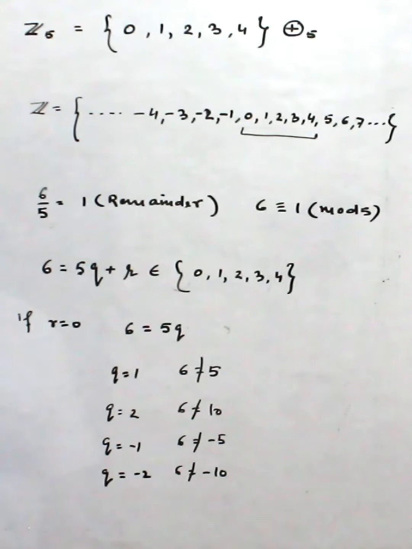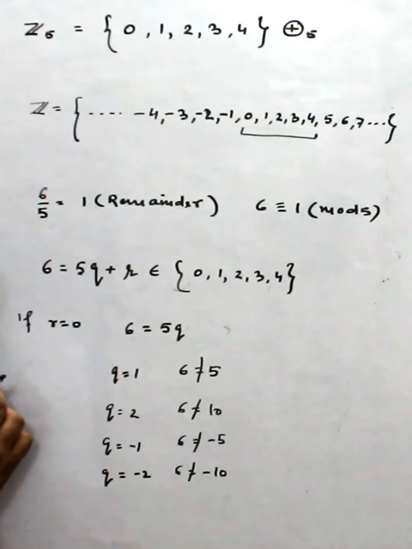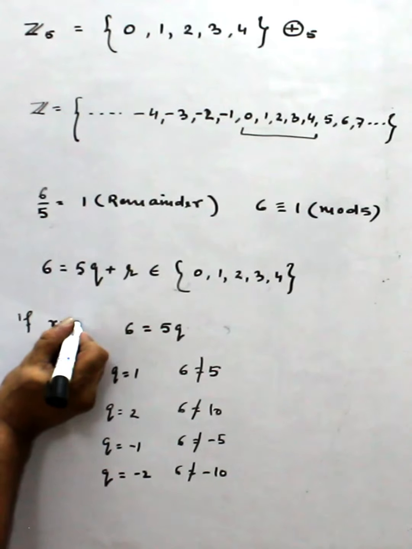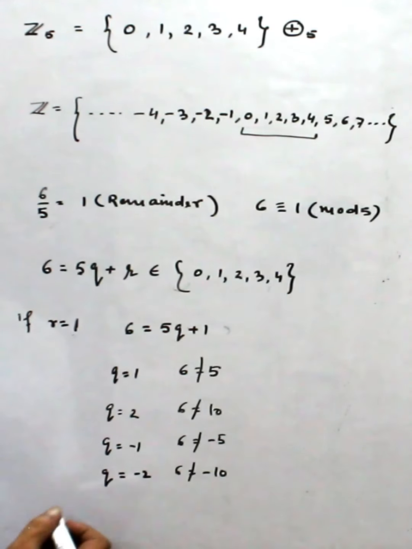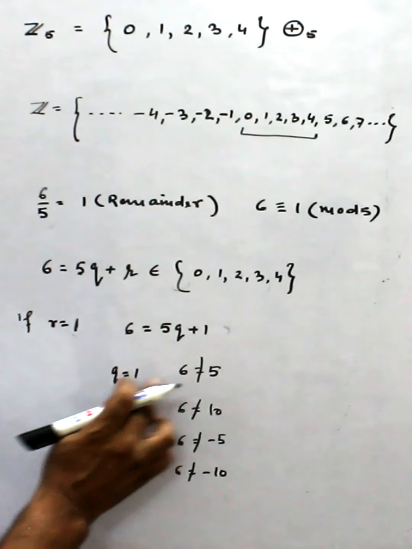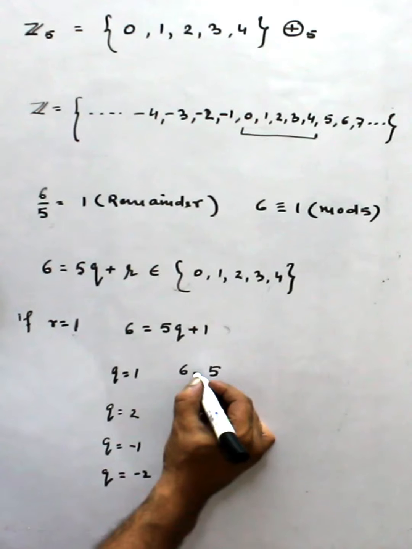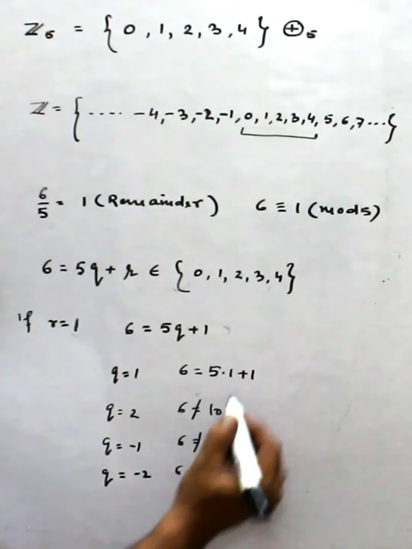That means the right choice, what is the right choice for r? If I take r is equal to 1, then this equation becomes 1, and just by taking q equal to 1 we get 1 plus 1.